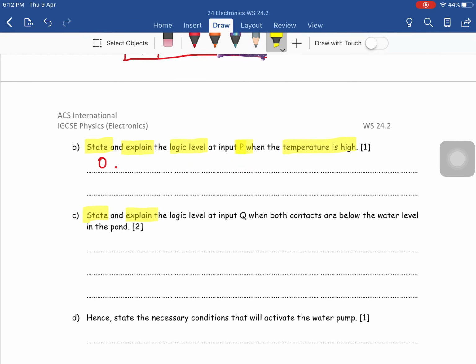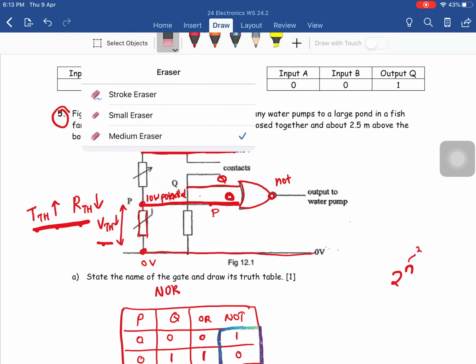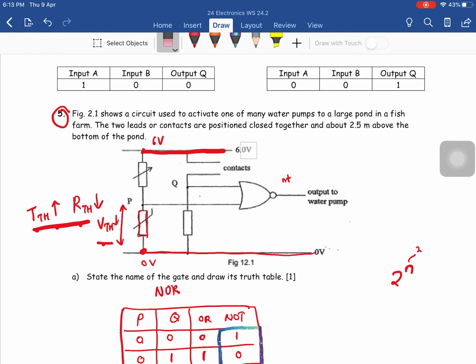Next, state and explain logic level at input Q. So logic level at Q when both contacts are below the water level. Now let's take a look. When both contacts are below water level, let's erase all this first, okay?